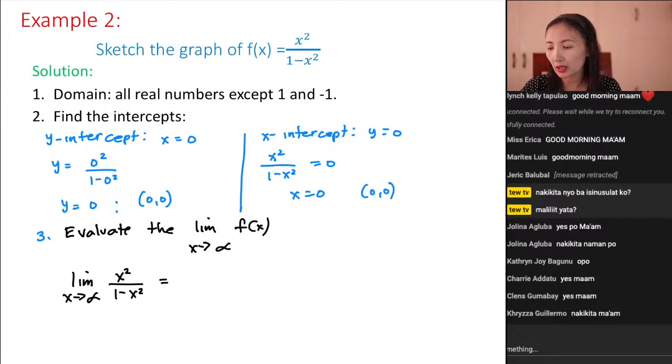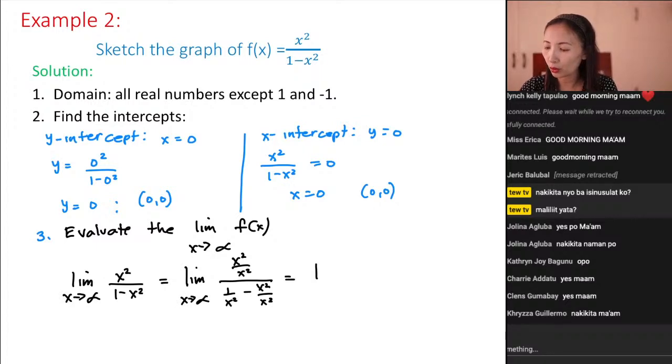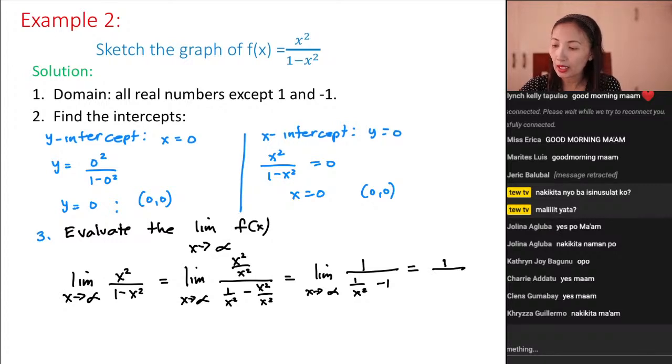So this becomes the limit of x squared over x squared all over 1 over x squared minus x squared over x squared as x approaches infinity, which is equal to the limit of 1 over the limit of 1 over x squared minus 1 as x approaches infinity. When you evaluate, the limit of a constant is the constant itself. Over the limit of 1 over x squared, what happens to this ratio?